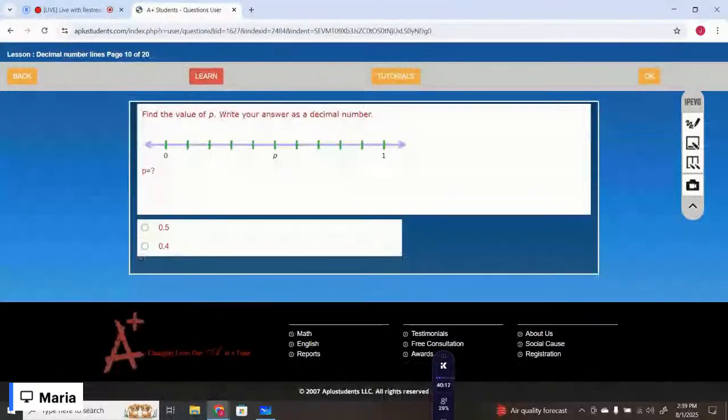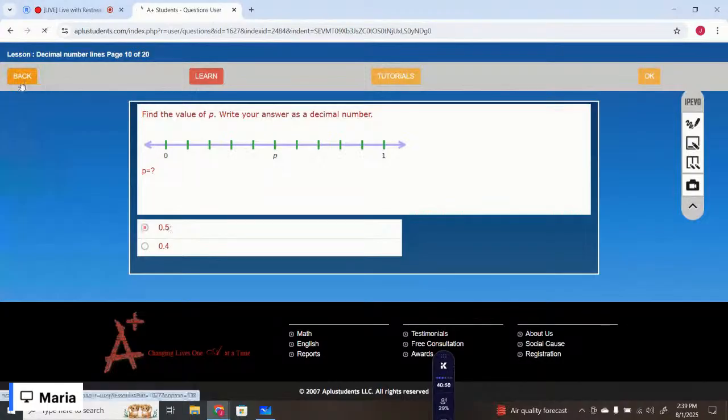Find the value of P. So which is the correct option? That is 0.5. Option number 1 is the correct option.